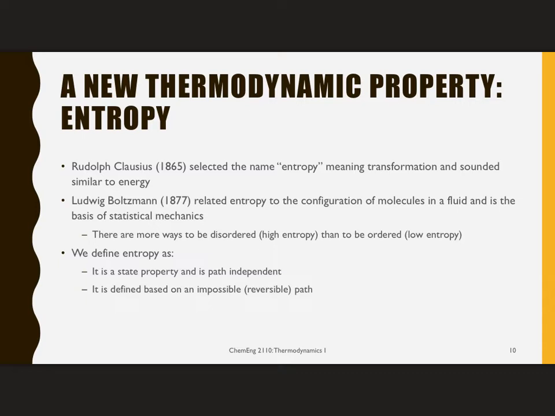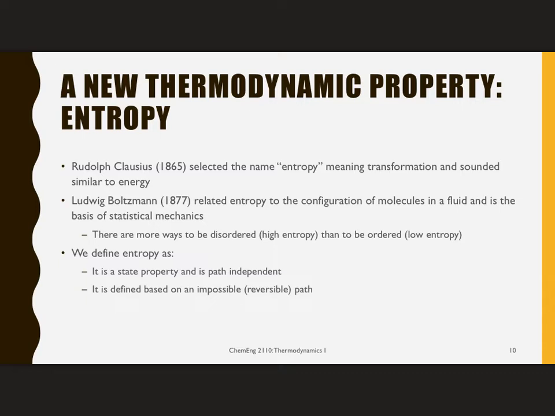The idea is that there are a lot more ways that you can be disordered than you can be very neat and ordered, okay? So disordered is high entropy, ordered is low entropy, okay? Fewer ways to do it, lower value of entropy. More ways to be disordered, higher entropy.